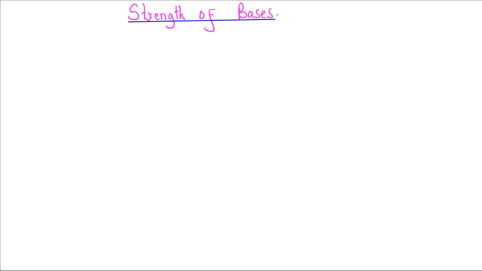In our last lesson, we talked about the definition of bases based on Arrhenius' definition and Bronsted-Lowry, where we said, according to Arrhenius, a base is simply a substance which, when dissolved in water, ionizes to give hydroxyl ion as the only negatively charged ion.